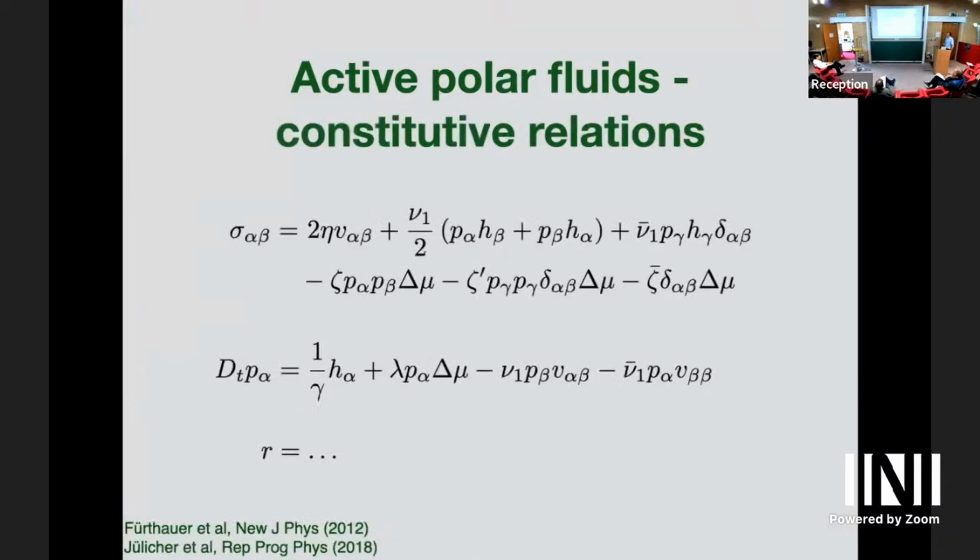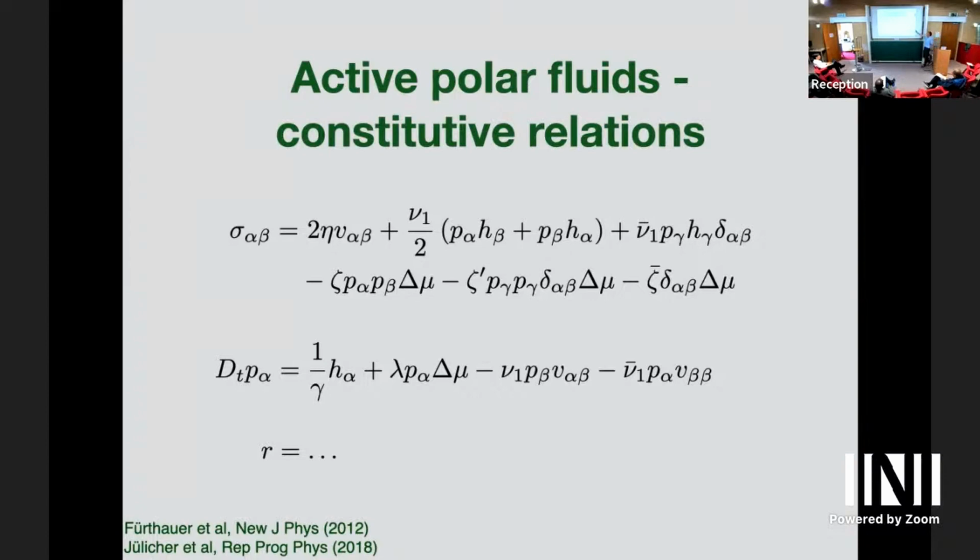And then we came finally to the constitutive equations, where we now express the deviatory stress in terms of our thermodynamic forces, which in one case is the symmetric part of the velocity gradient tensor. Then we have the coupling to the molecular field, which we can do because we have an anisotropy in our system.